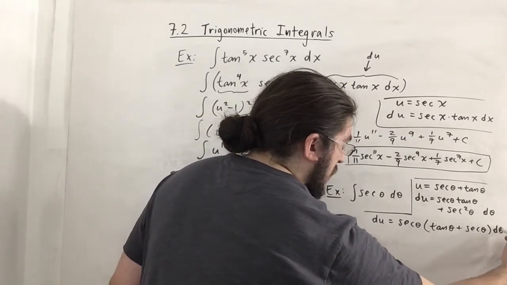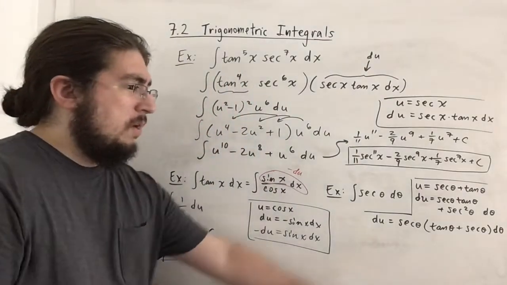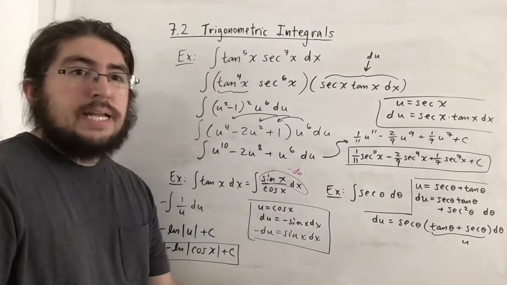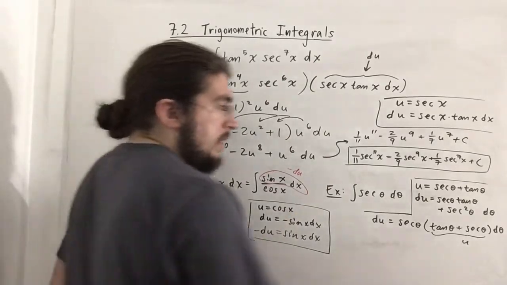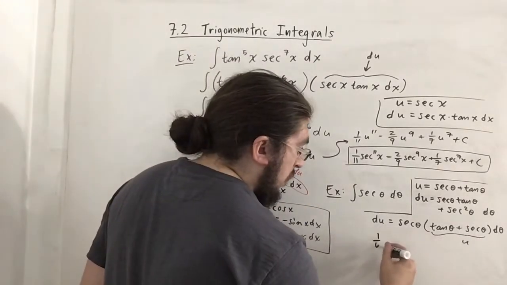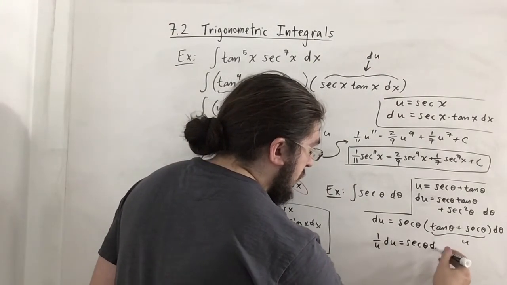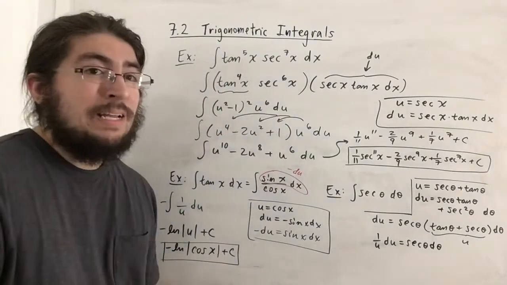And now what's the beauty of this? Well, notice that this is just u itself, secant plus tangent, only tangent plus secant. So if we divide this u to the other side, we get 1 over u du is equal to secant theta d theta.